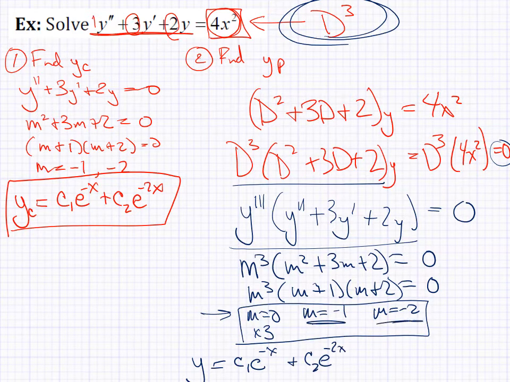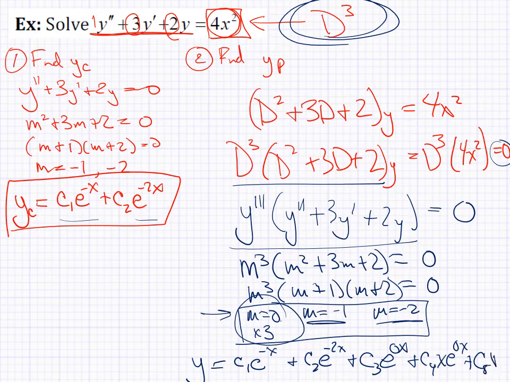And I like to use the ones that I've already used up here, the repetition. Then I go on to the new stuff. Well, this is the new stuff, right? So it's a solution of 0. So that would be c3 e to the 0x, okay? But then it's repeated, so then c4 x e to the 0x, and then c5 x squared e to the 0x, because it's repeated 3 times. 1, 2, 3.